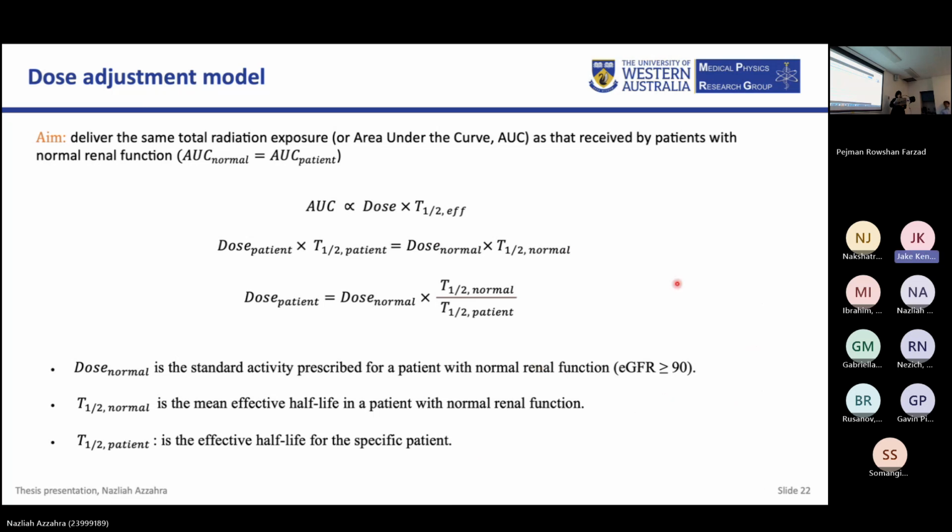And rearranging this equation, we have the equation over here, where dose patient is the dose prescribed to the people with abnormal renal function, and half-life normal is the effective half-life for patient with normal renal function, and also half-life patient is the effective half-life for a specific patient with eGFR lower than 90.